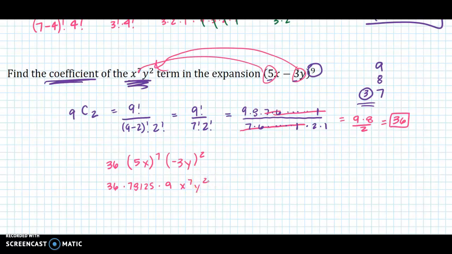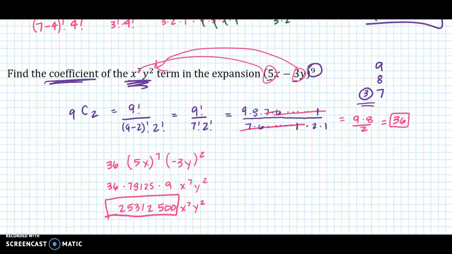And it is quite possible that if you're using a basic calculator, it might not calculate this for you. And this would be your coefficient.